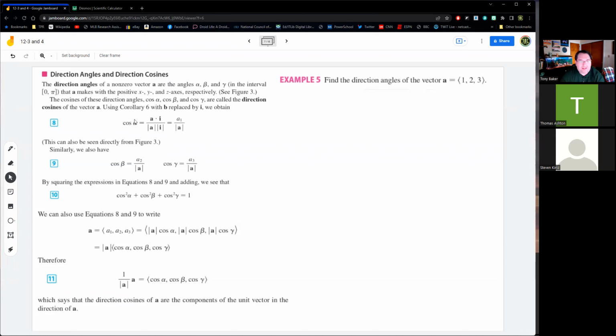So the cosine of angle A equals that value. Just like with the last problem where we were finding the angle, we can use the arc cosine to find the actual directional angles for each of my vectors, and the same thing for the second term and the third term in the vector.